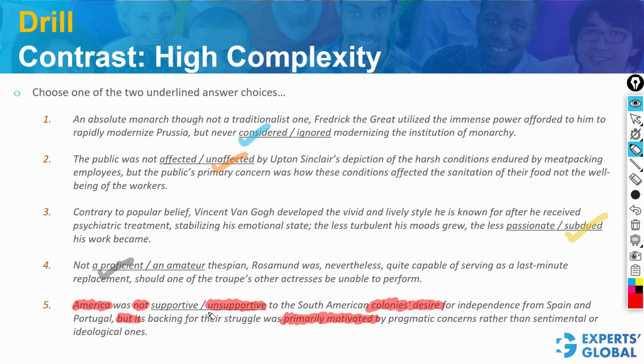So not unsupportive is the correct usage here, just as in the second question, where the public was not unaffected. The sentence wanted to say that the public was affected by the harsh conditions endured by the employees, but the public's primary concern was something else. Similarly, America was not unsupportive of the cause, but its primary motivation was something else.